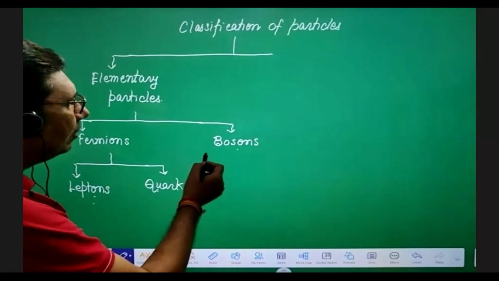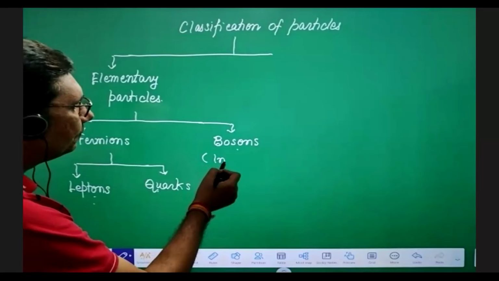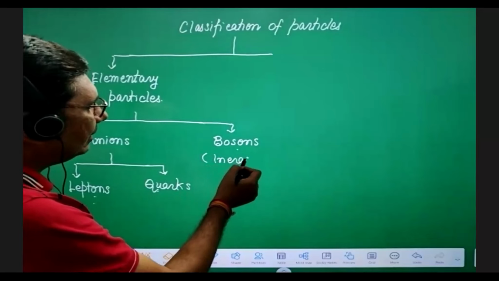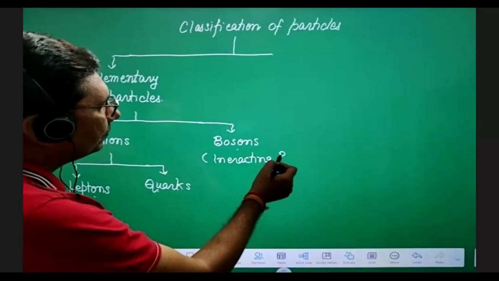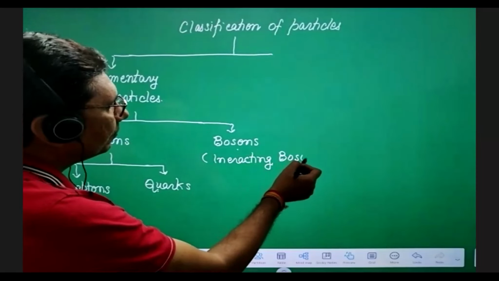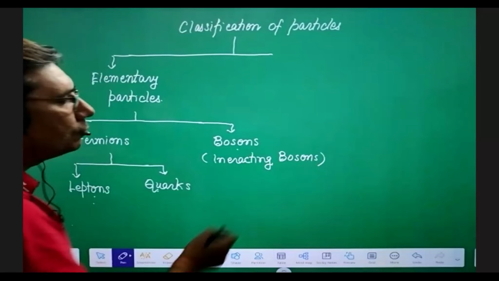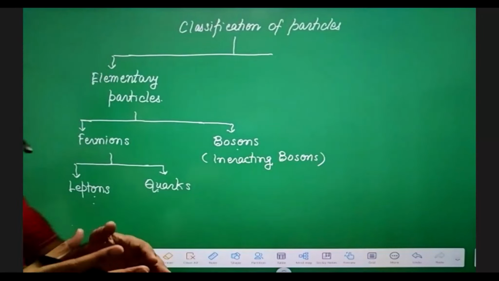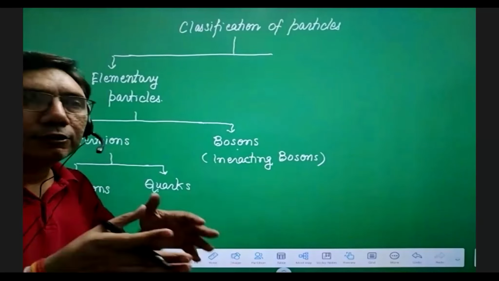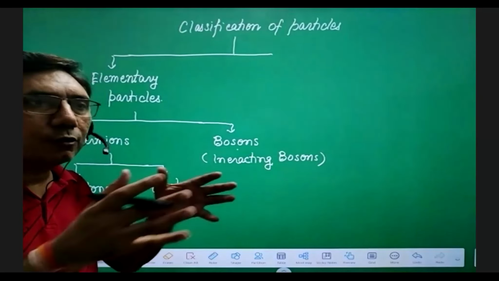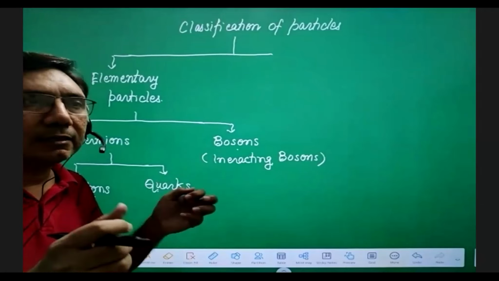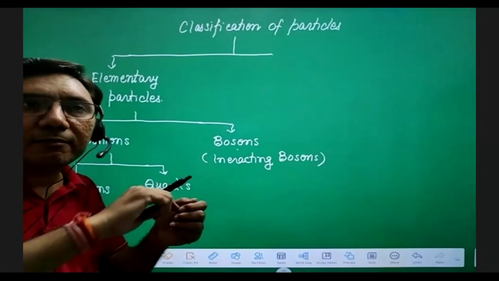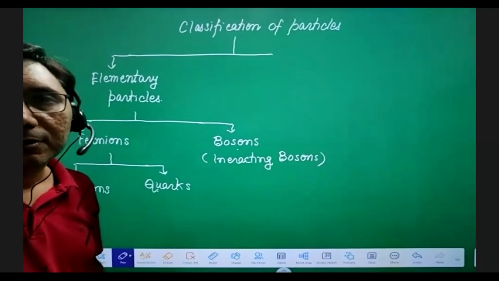The bosons are also called interacting bosons. They are called interacting bosons because when we discuss these interactions, strong interaction, weak interaction, electromagnetic interaction, we will find that during these interactions between particles, there will be an exchange of bosons.